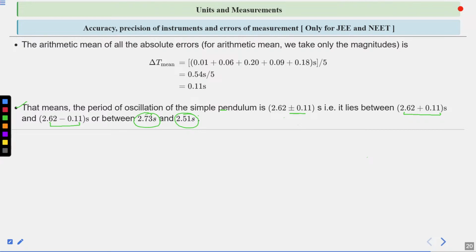You have given data, this one, 2.62 plus minus 0.11. What is the percentage error? Please find the percentage error for 2.62 plus minus 0.11.